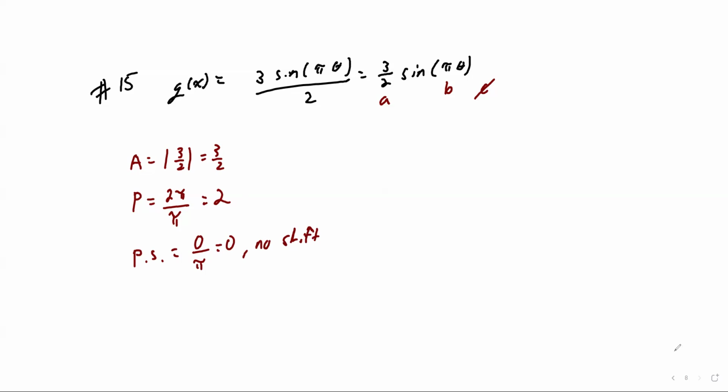All right. So then we'll look at number 16. Number 16 says g of x equals cosine of 3 pi theta minus 2. So in this case, again, label your stuff.